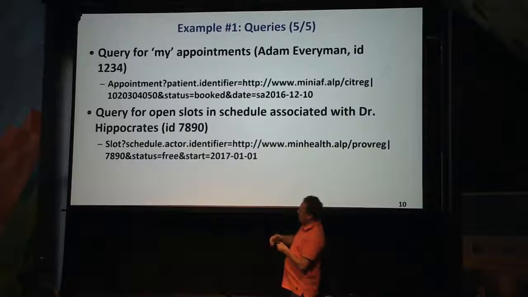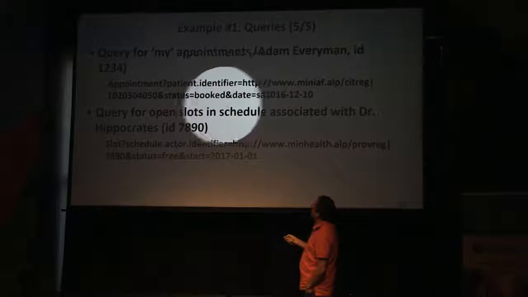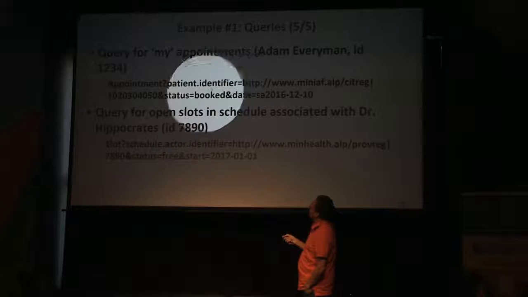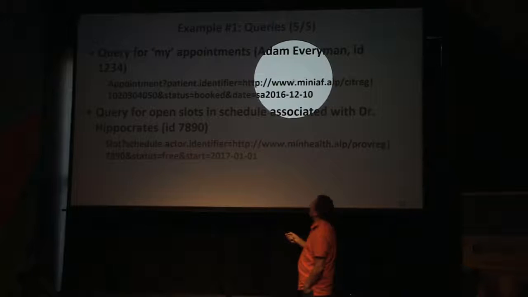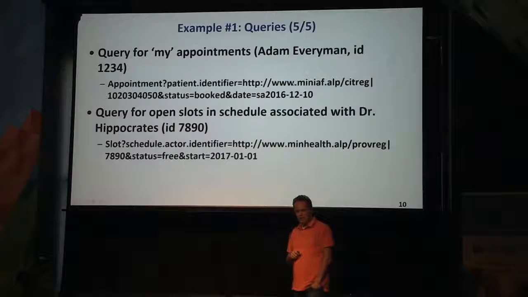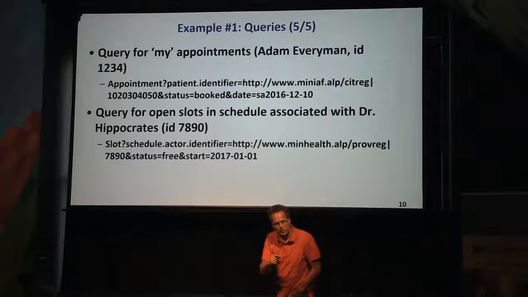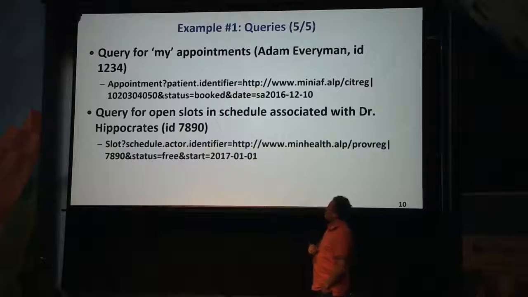So we can subscribe to appointments where the patient has a particular patient identifier, and where the status is booked, so where we have confirmed appointments, and where the date in this case starts after a date in 2016. Remember, in our example, we were using a time slot on the 1st of January 2017. So this would allow a patient to query for appointments that they themselves have and that have been confirmed.